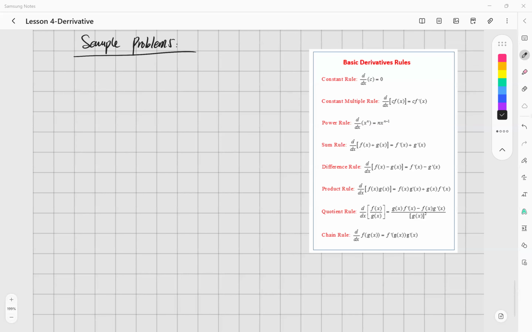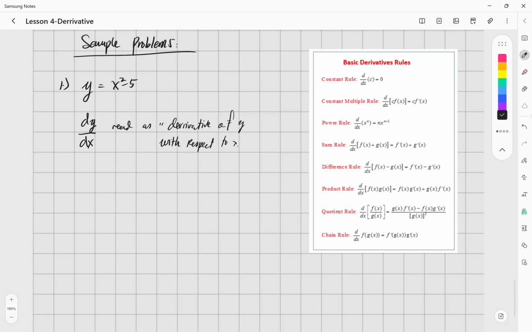All right, so let's do sample problem number 1. For example, if I have a function y is equal to x squared minus 5, and I want to know the derivative of y with respect to x. This is how you read it: derivative of y with respect to x.